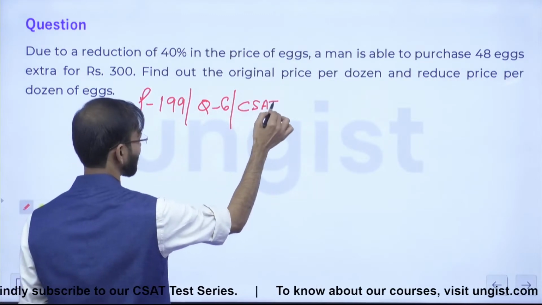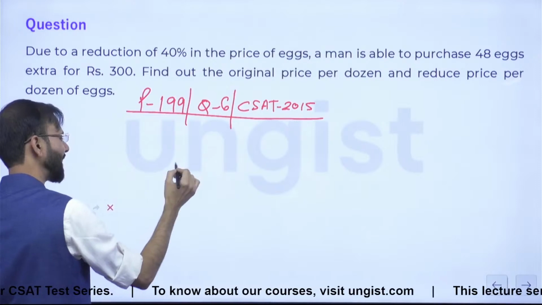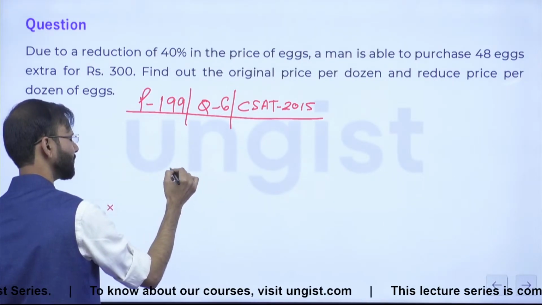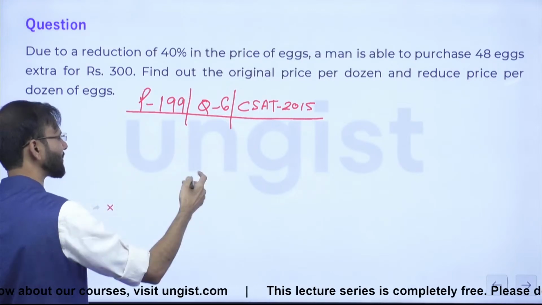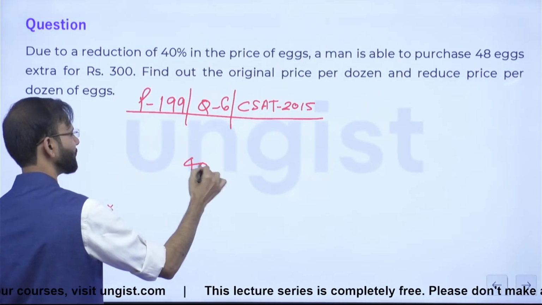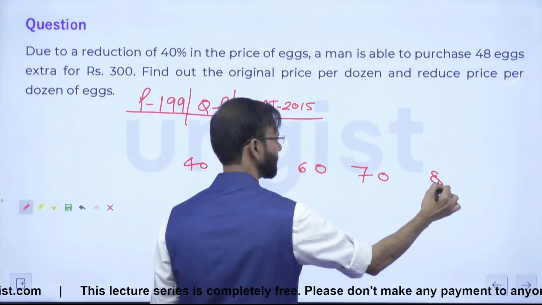You will see a table. Can you tell me the values? Price is 40, 50, 60, 70 and 80.